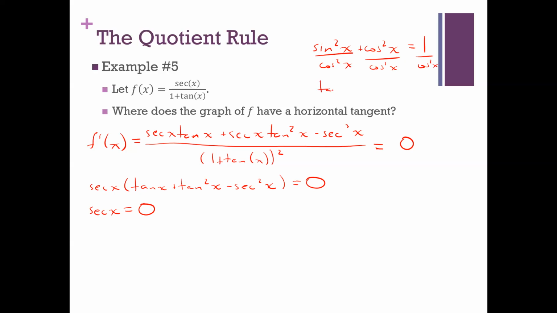And this gives us tangent squared of x plus 1 equals secant squared of x, which means tangent squared of x minus secant squared of x equals 1. So this does simplify for us in a really big way.